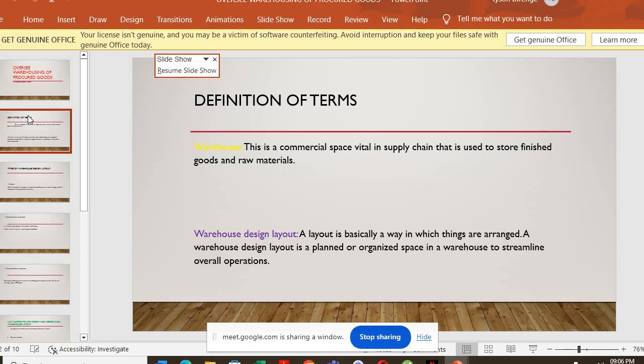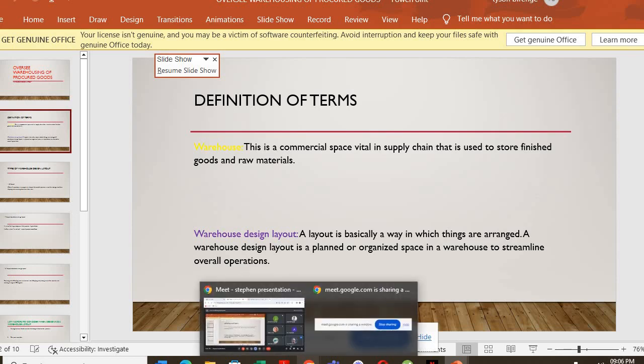A warehouse is a commercial space vital in supply chain that is used to store finished goods and raw materials. Yes, thank you. A warehouse, as Julie has told us, is very vital. It's used to store raw materials as well as the complete goods.